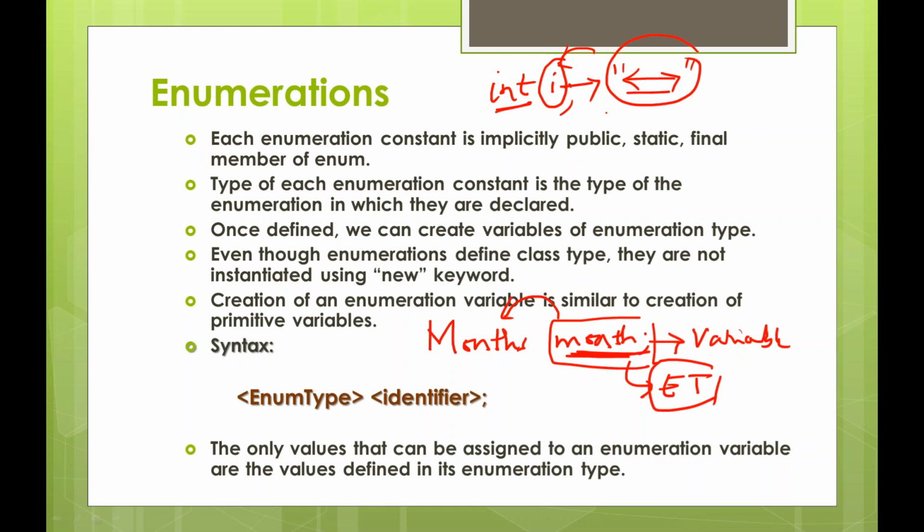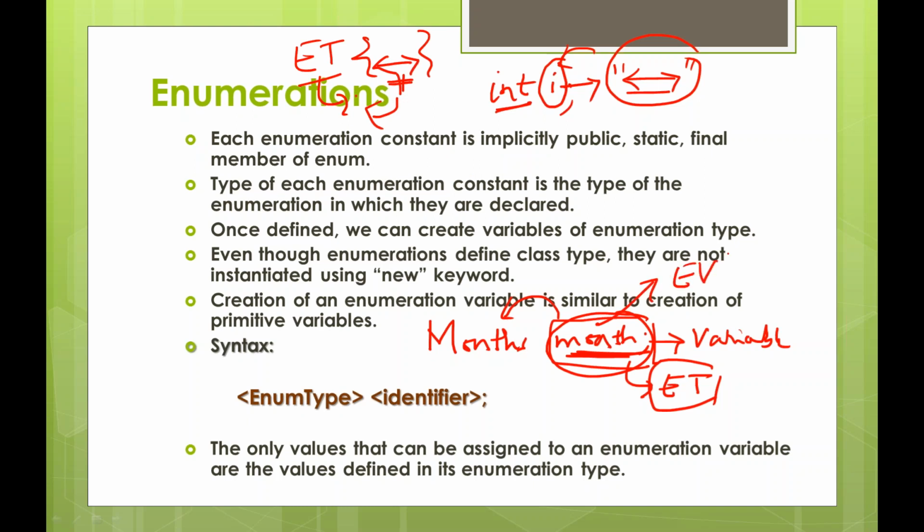If you exceed that value, it will get converted into the respective data type. Similarly, for an enumeration type, you define a list of constants, and whenever you create a variable of that enumeration type, only those constants can be assigned to these enumeration variables.